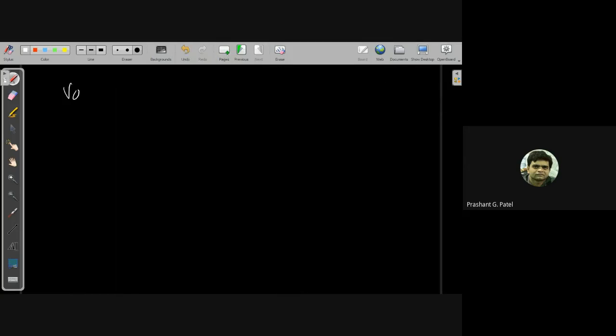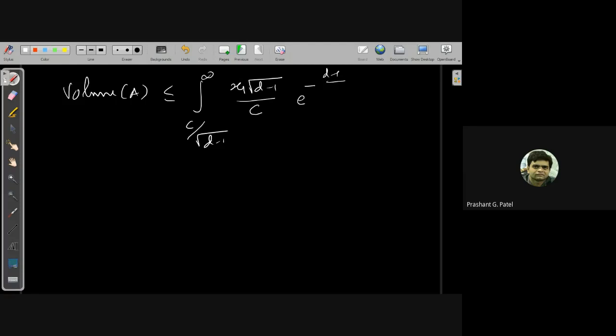Therefore, what we get is volume of A is less than or equal to square root C upon square root of D minus 1 to infinity. Instead of 1, we are writing that quantity, that is x1 square root of D minus 1 by C into e power minus (D minus 1) by 2 x1 square dx1, and v of D minus 1 is already there.